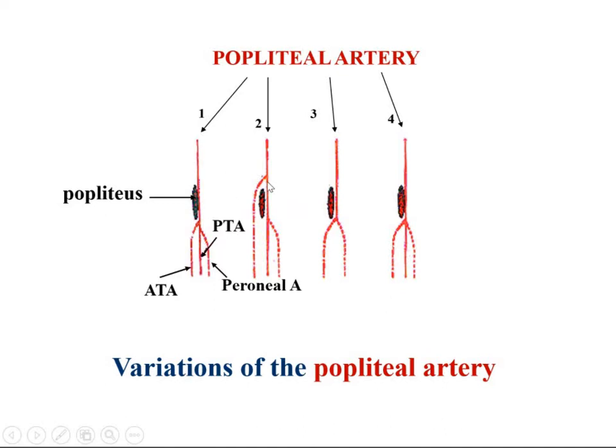It can divide above the level of popliteus, ठीक है, or it just give two branches which is normal, which is the normal your site of division of your popliteal artery, or it can give two branches and from one of the branch peroneal artery will come, ठीक है.